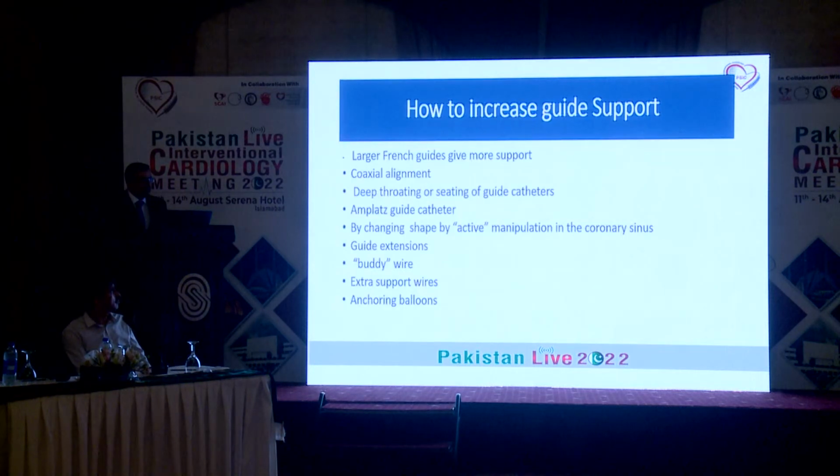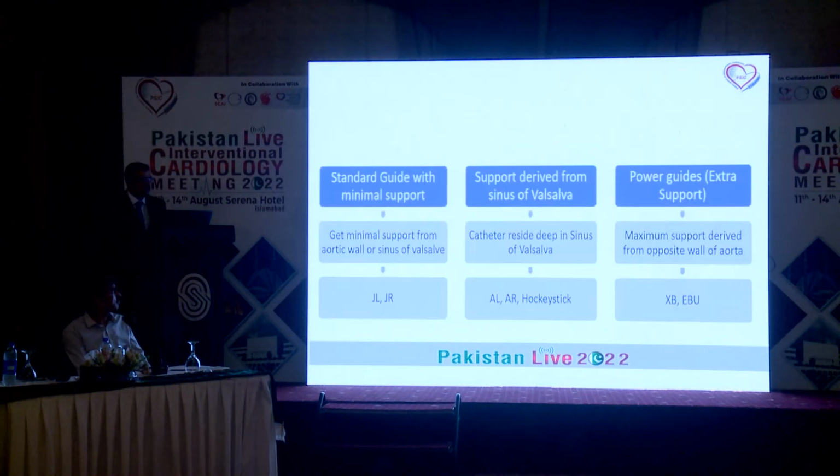You can increase the guide support with the help of guide extensions or buddy wires or extra support wires like BHW or Grand Slam, or anchoring balloon and a few other techniques. Normally we use these guides if we don't need so much support.